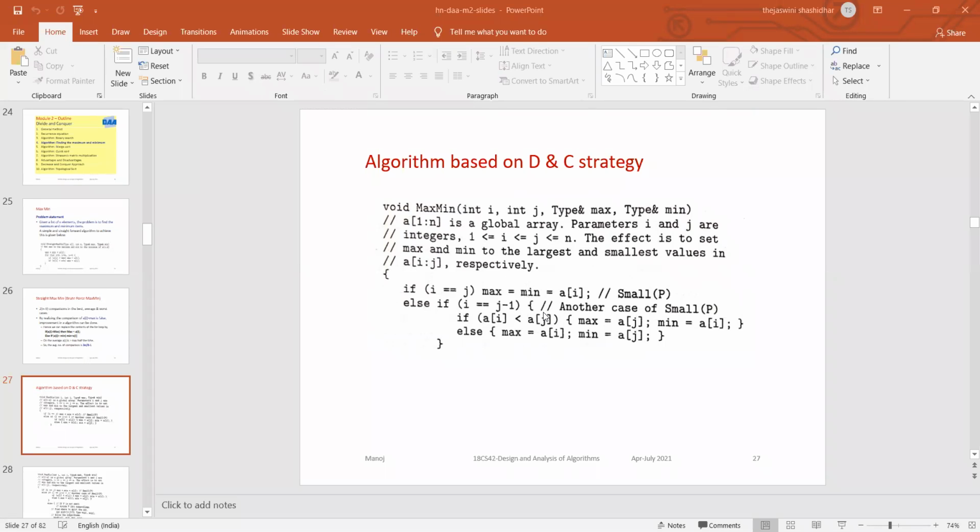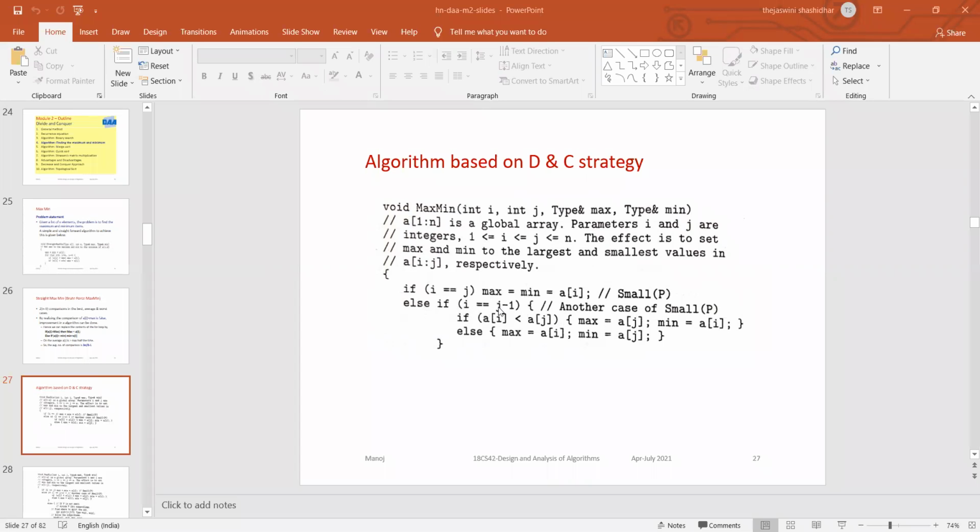So the first condition, for only one element, is I double equals j. If I double equals j minus 1, that means there are two elements. So now you compare I with j.